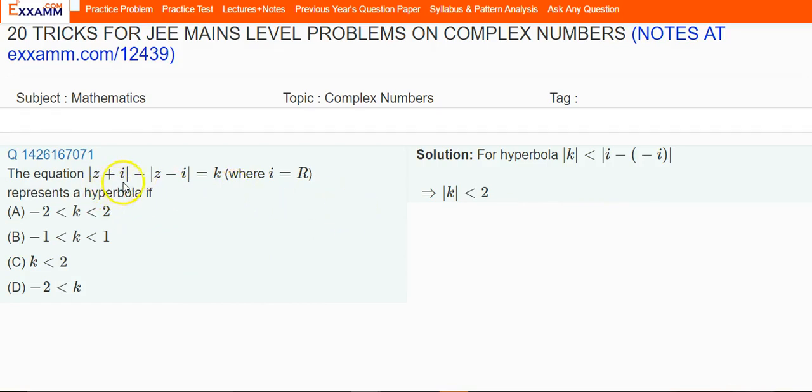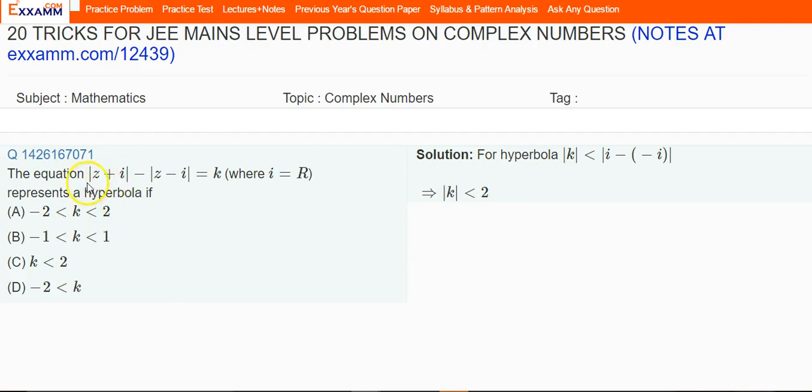Here z1 is minus i and z2 is i, so the difference would be equal to modulus of i minus minus i, that is 2. So modulus of k should be less than 2, so it would mean that k should lie between minus 2 and 2. So this is a fact you should remember.